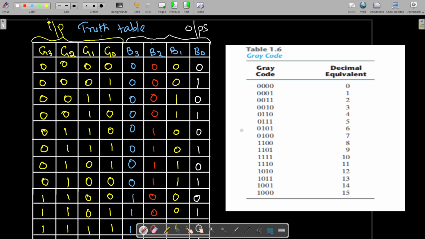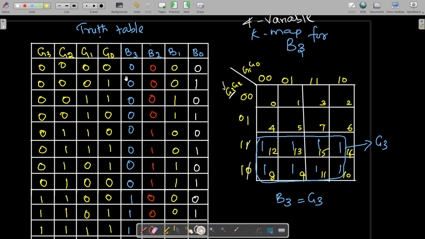So you will get 4 different Boolean expressions. In this, we are not going to write the Boolean expression directly for B3, B2, B1 and B0. Instead, we are going to get it from the K-map only.